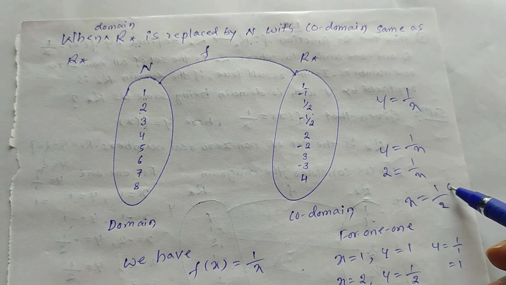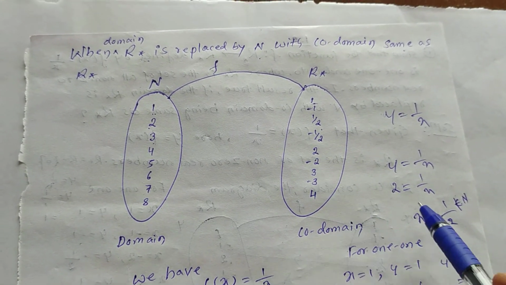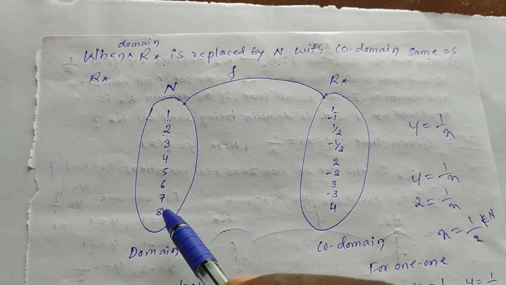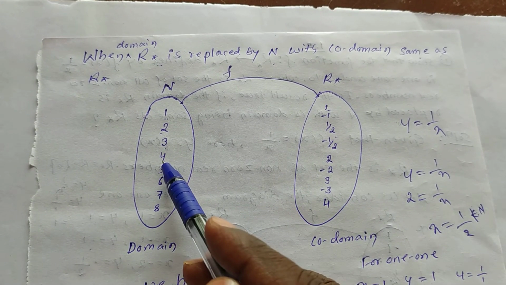But x equals 1 by 2 does not belong to N, the natural numbers, because there is no 1 by 2 there. Therefore for 2 there is no pre-image in N.